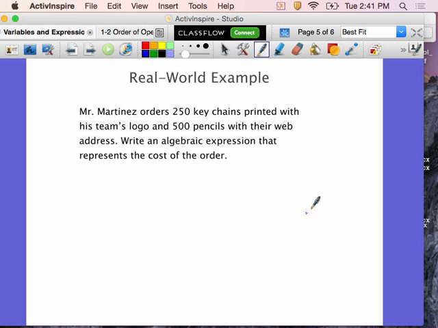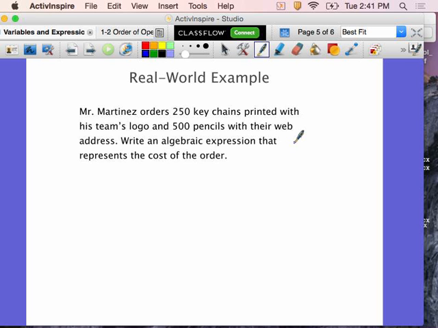One real-world example. Remember, we're talking about algebraic expressions. Not necessarily. Sometimes you'll answer them, sometimes you won't. So Mr. Martinez orders 250 keychains printed with his team logo and 500 pencils with their web address. Write an algebraic expression that represents the cost of the order.